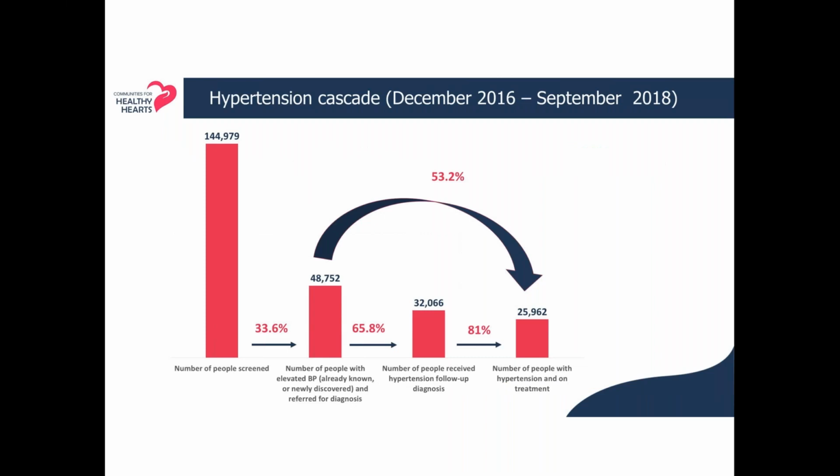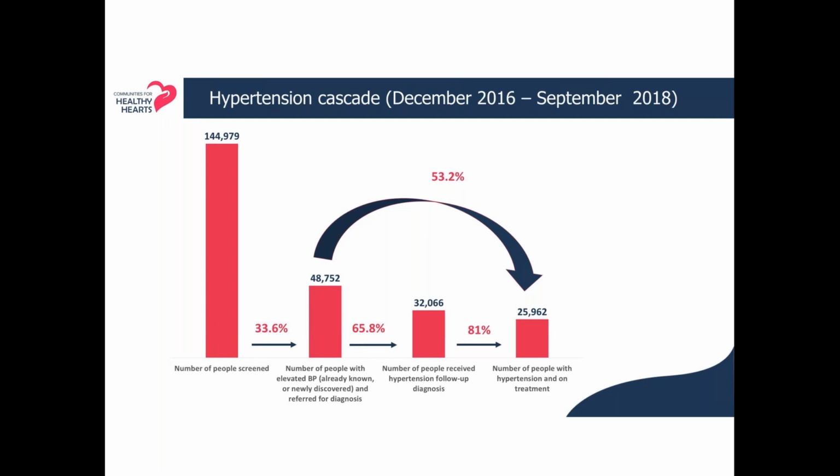So here is the hypertension care cascade over time from the life of project. So in the community, there's been nearly 145,000 individuals whose blood pressure has been measured. Among those, nearly 34% had high values, elevated values.